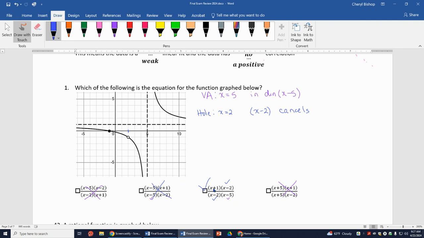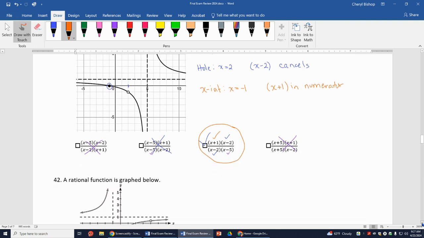Okay. The other thing I could check to get that x plus 1, right? My x-intercept will help me find that. My x-intercept is x equals negative 1, which means I should be looking for an x plus 1 in the numerator, which I see right there. So this one is my correct answer.